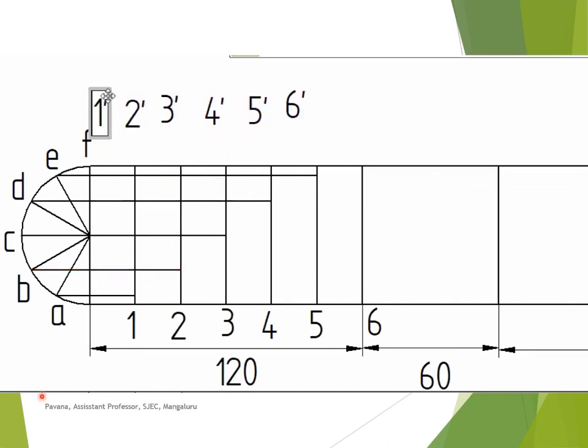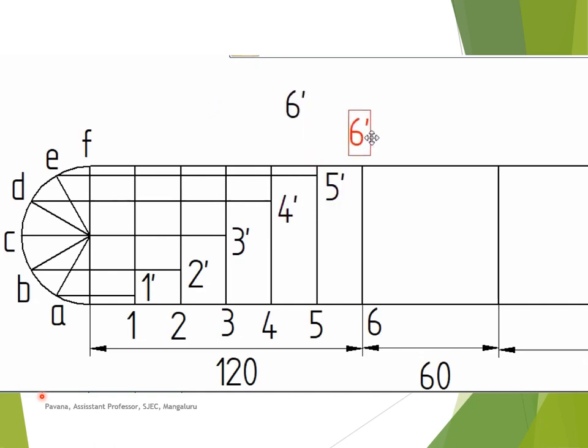These intersection points are very important for us: 1 dash, 2 dash, 3, 4, 5, and finally 6 dash.